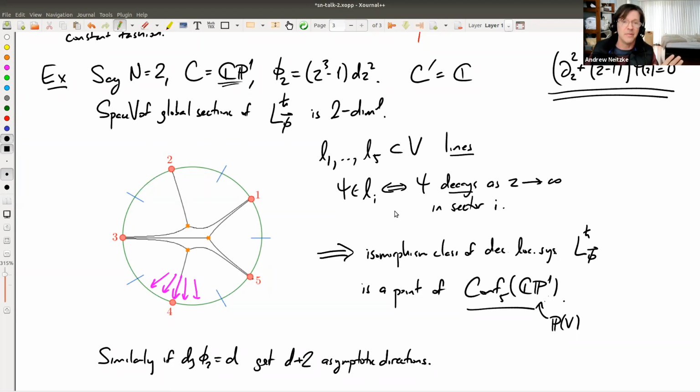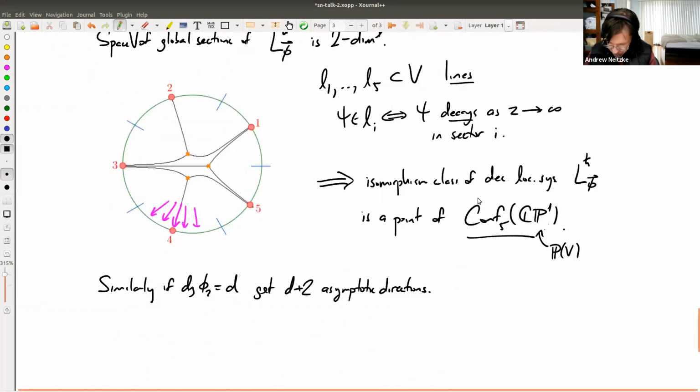So your statement is sort of a tautology in this situation? It's basically a tautology, yeah. I just want to set up the general notion that in any situation where you have a local system with these kinds of singularities, there's a notion of decorated local system. There's a good notion of the moduli space of those decorated local systems, and that moduli space is something nice and concrete, like here, Conf5 of CP1. Okay, thanks. And in general, it'll be some cluster variety.